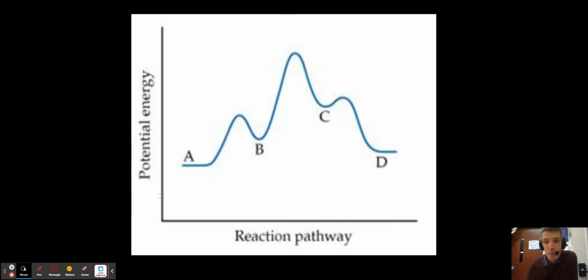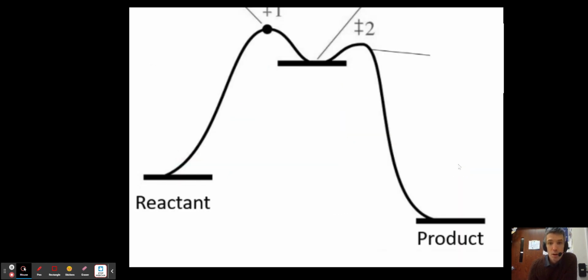Okay, one more example, or a few more examples. How many steps? Three. Types of reactions: endo, exo. The slowest step is the first one, second slowest is the second, and the third one's pretty quick. Okay, how about this one?